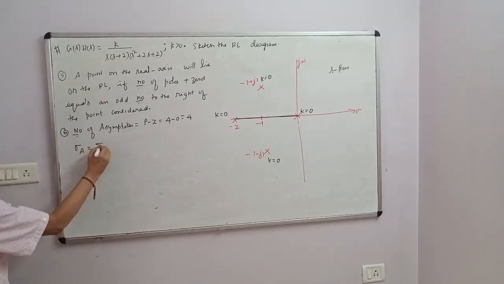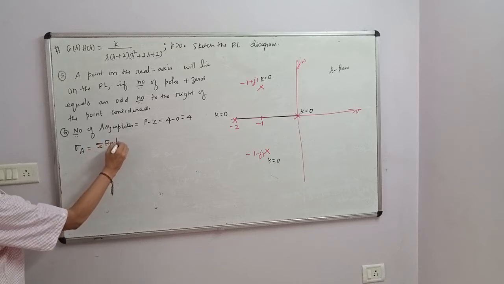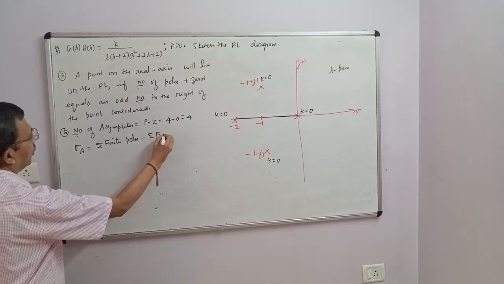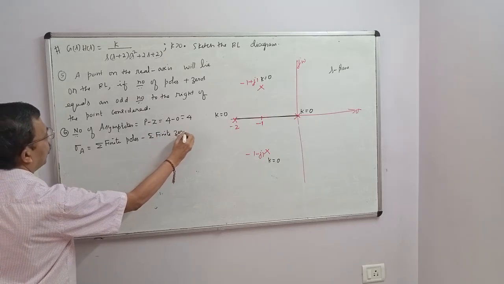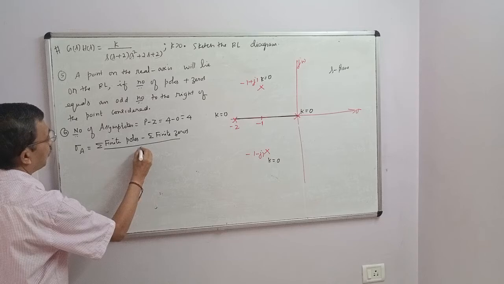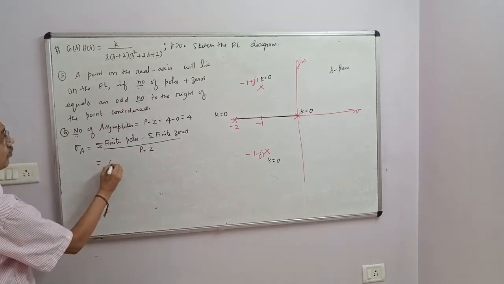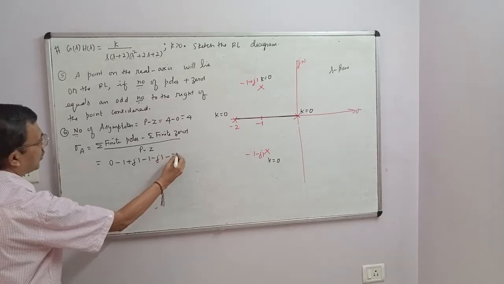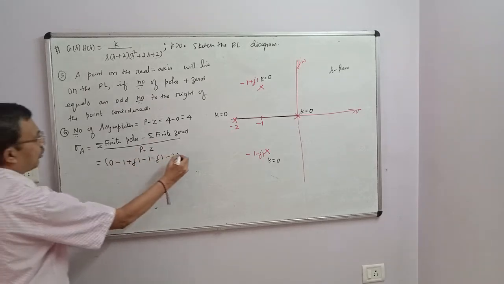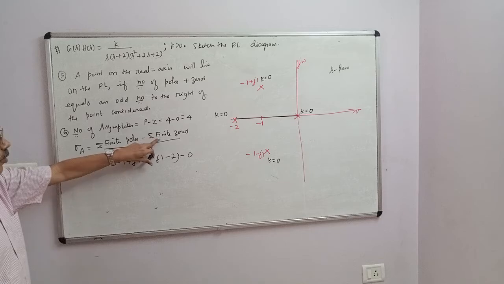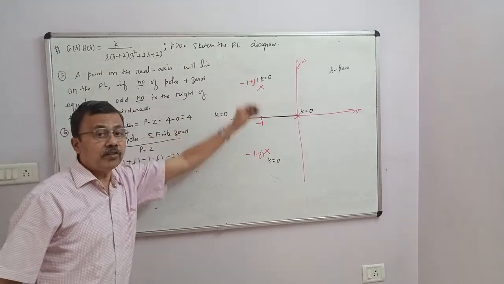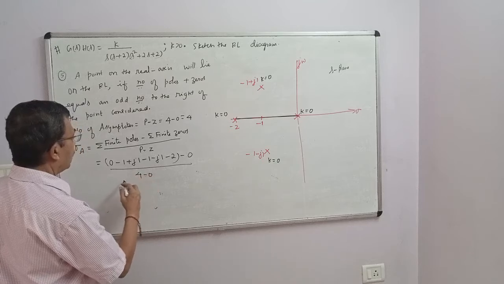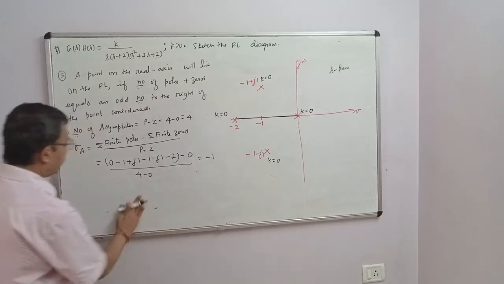Sigma A, centroid, is summation finite poles minus summation finite zeros divided by P minus Z. That means 0, minus 1 plus j1, minus 1 minus j1, minus 2. This summation is 0 because there are no finite zeros. Divided by 4 minus 0. So you get minus 1.